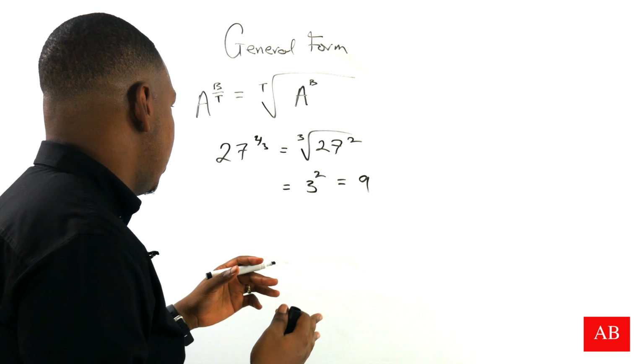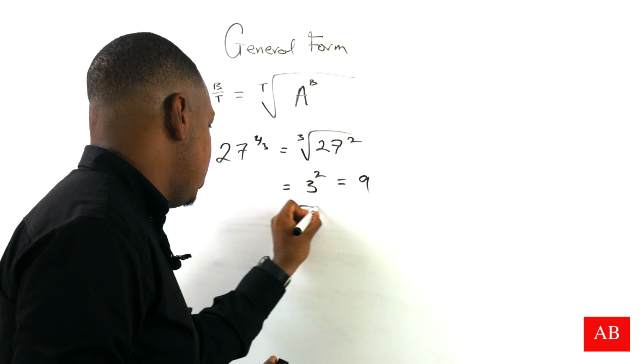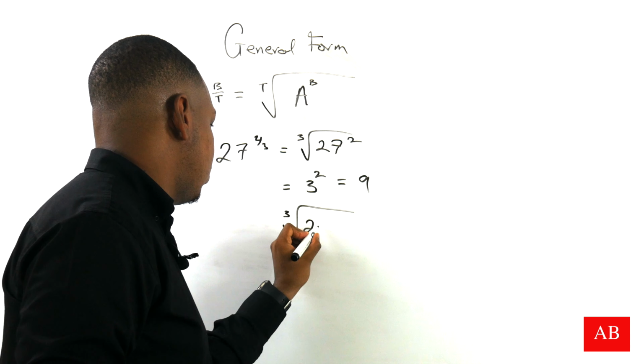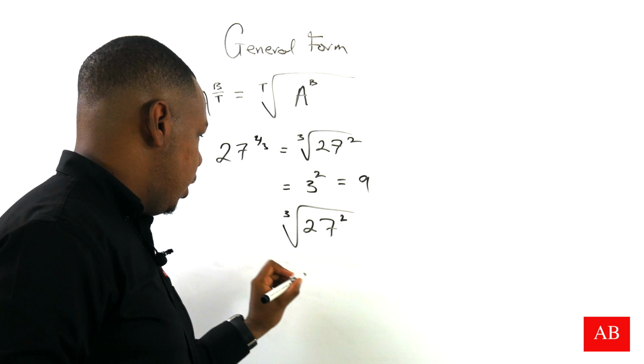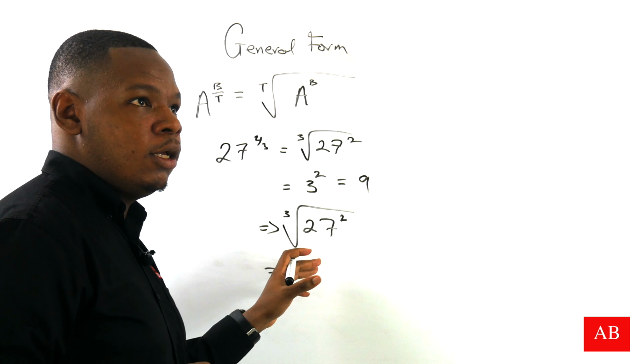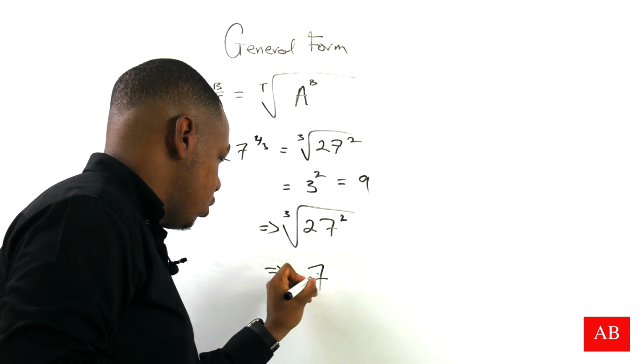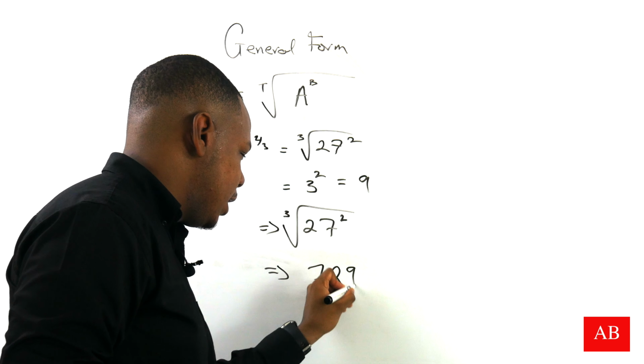Or if you want to work it the other way, 27 squared is 729.